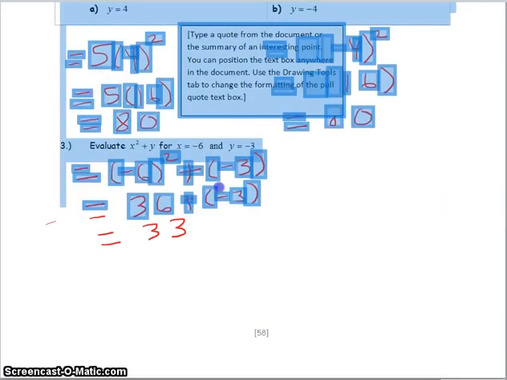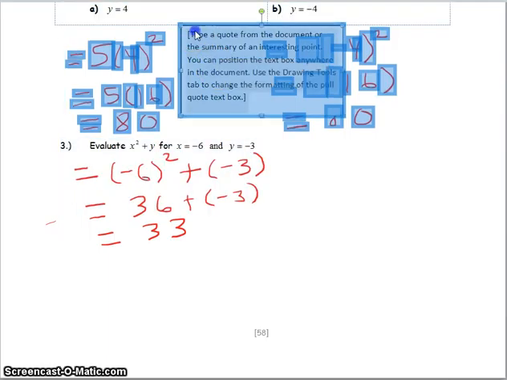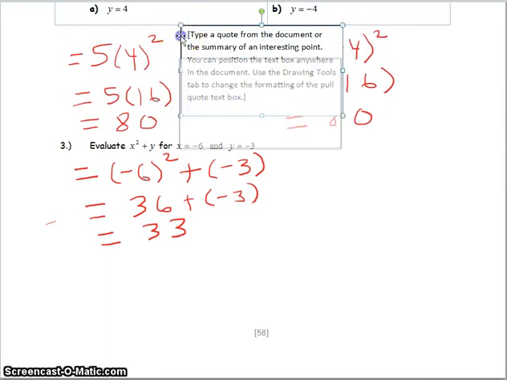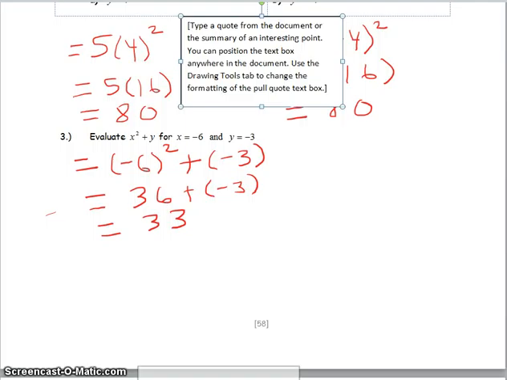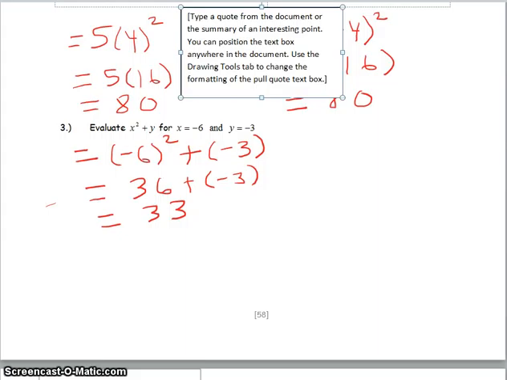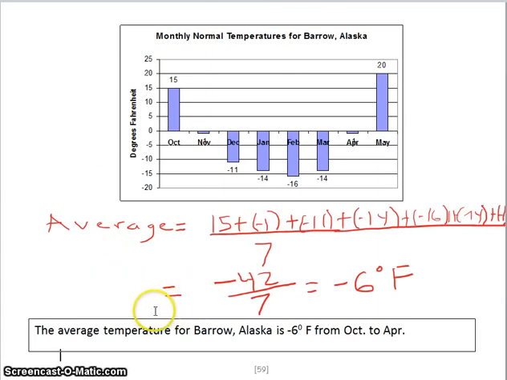And I will bring this text box down. There was a little bit of a technical difficulty here with the text box, but I managed to get it down here at the bottom.